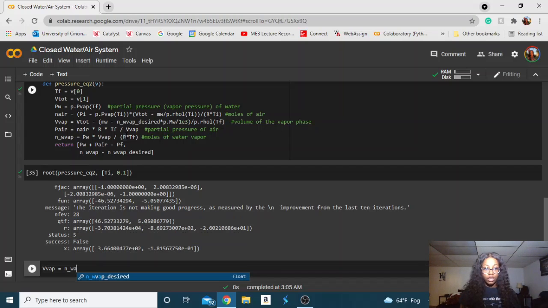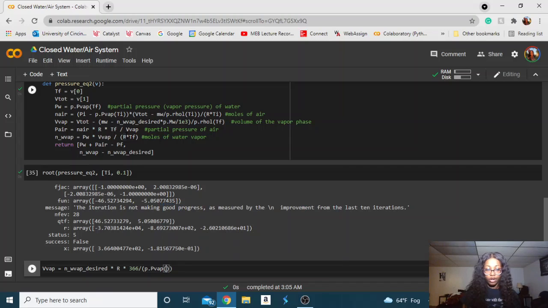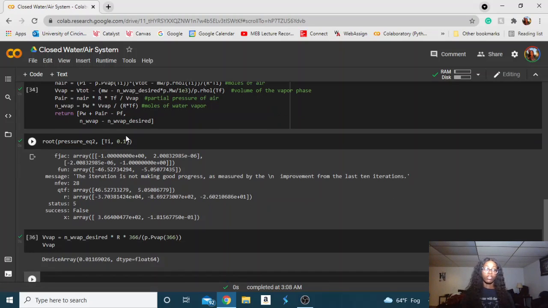And that will give us the moles of water vapor desired times the ideal gas constant times our final temperature, which we're saying is 366, divided by the partial pressure of water at our temperature of 366 Kelvin. And so, we can see that the volume of the vapor phase with these conditions is 0.01 cubic meters.